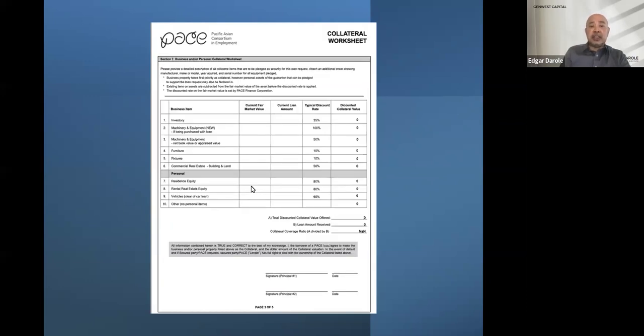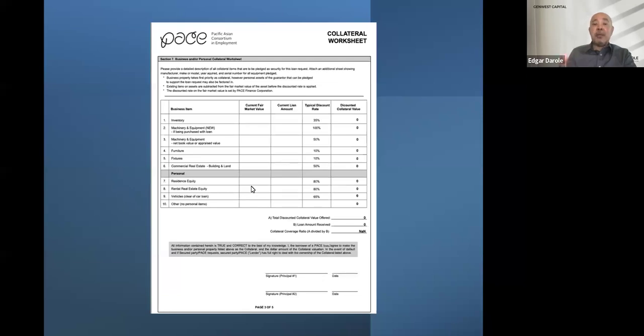The next section of this application is the collateral worksheet. Again, in our previous webinar, I think it was a couple of weeks ago or last week, we highlighted the importance of the 5 C's, and one of them is collateral. This is the form where you say, this is how much I can offer into the loan.